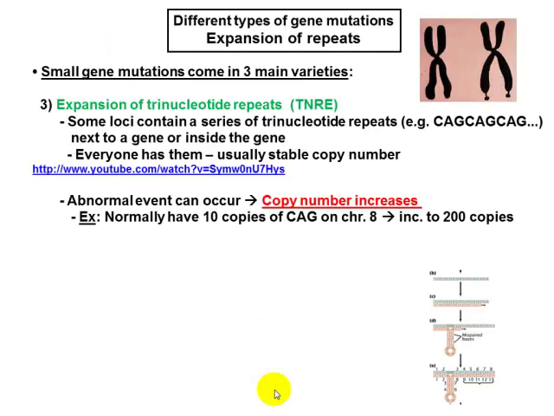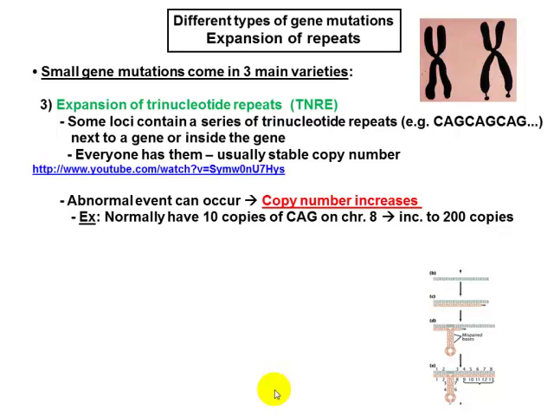Now here are other forms of mutations in the gene. Now this is a small gene mutation because it happens with a very small segment of a particular gene, but it is also a large gene chromosomal mutation because you can see this in the microscope. So this is a case of Fragile X syndrome.